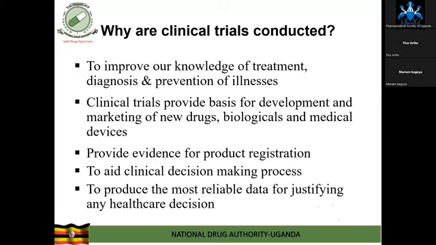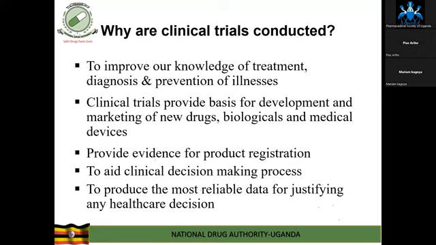When you decide to manufacture a drug, you will get to a point where you need evidence that this product works in a specific population, for example. So it works for everyone, but could it be good enough in pediatric patients? Could it be good enough in pregnant mothers? So you have to do a clinical trial before you introduce this product in any population.